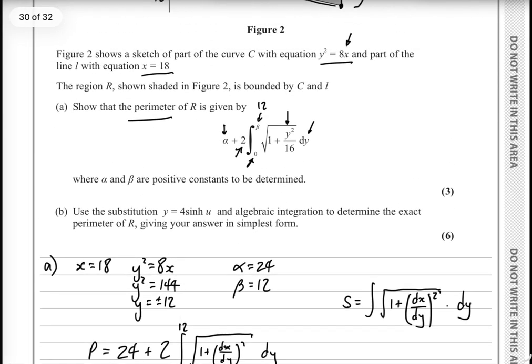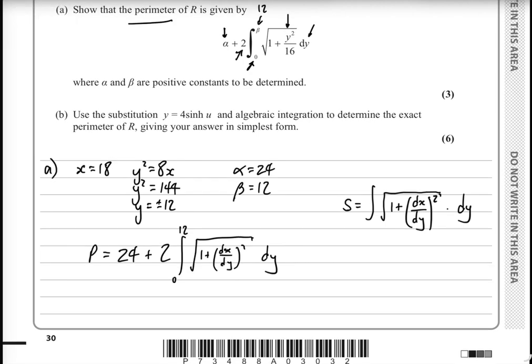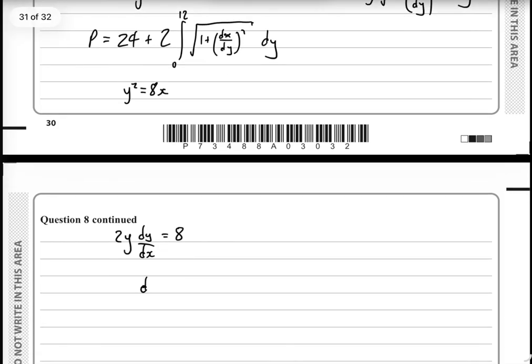Now we've got y squared is equal to 8x, and we need to differentiate that. Implicit differentiation gives us 2y dy by dx is equal to 8. And if we rearrange that and flip this upside down, dx by dy is equal to y over 4.